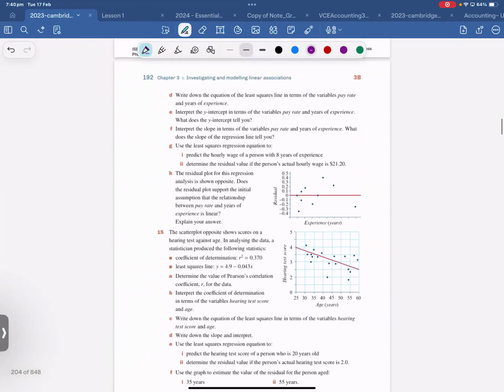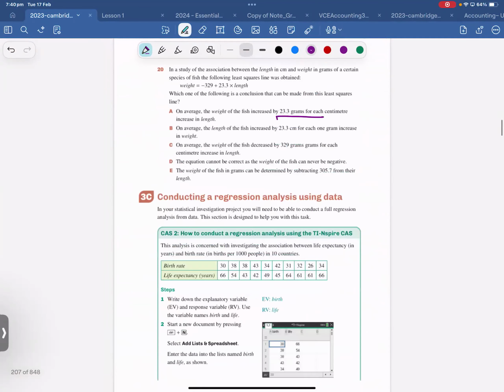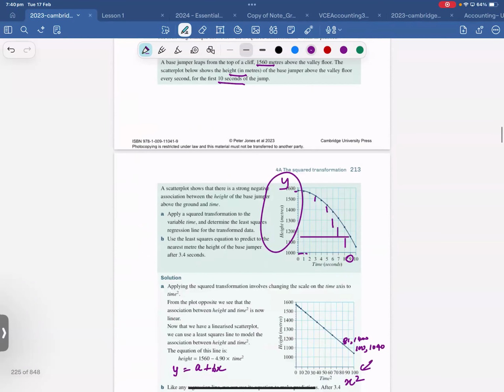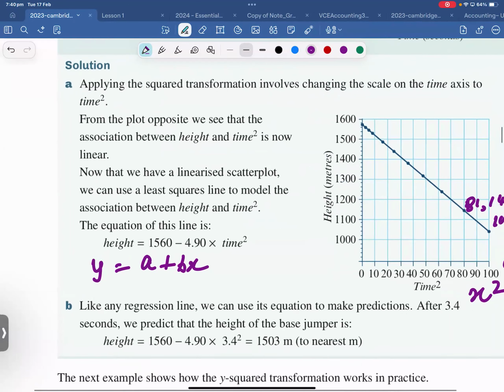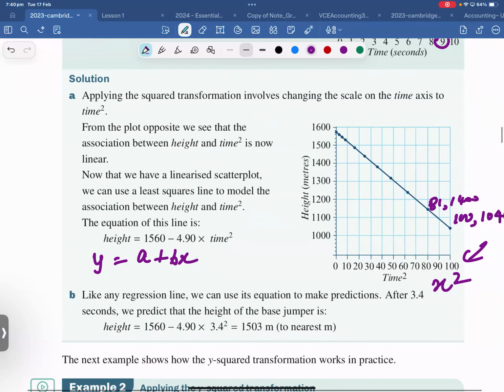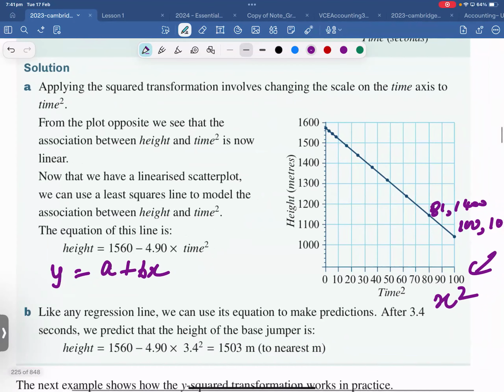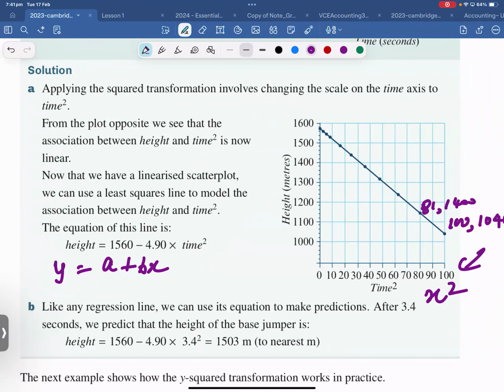Okay, guys. As we were talking, when we realize that we have to get the square of the x variable, or explanatory variable, then you have to find the regression line.